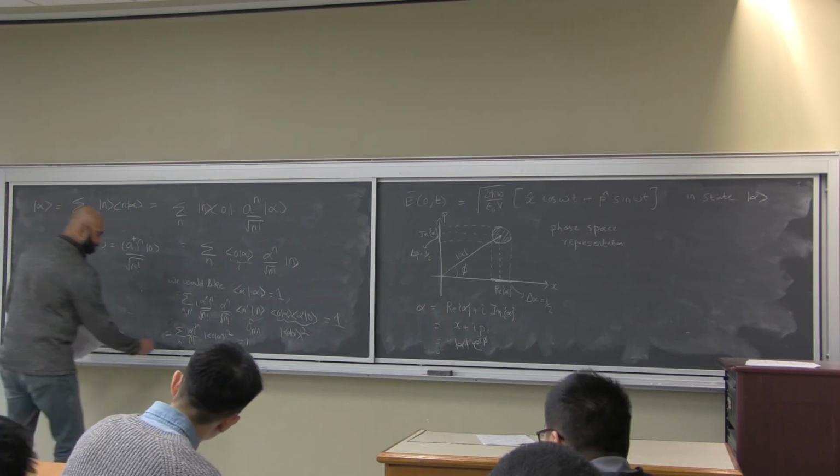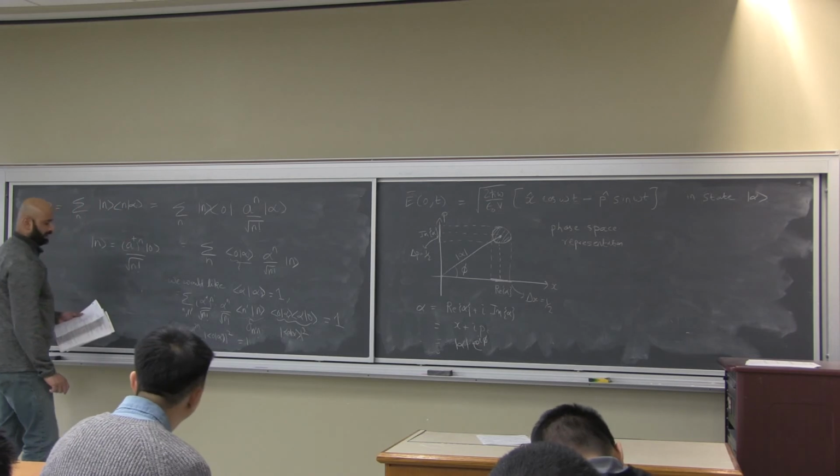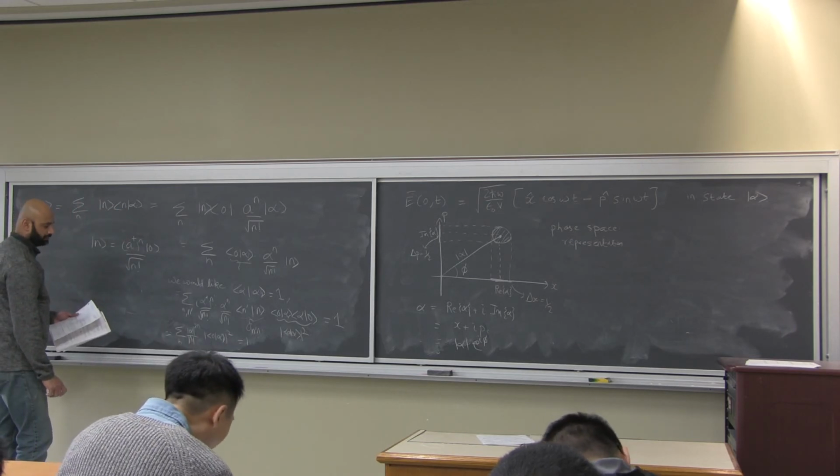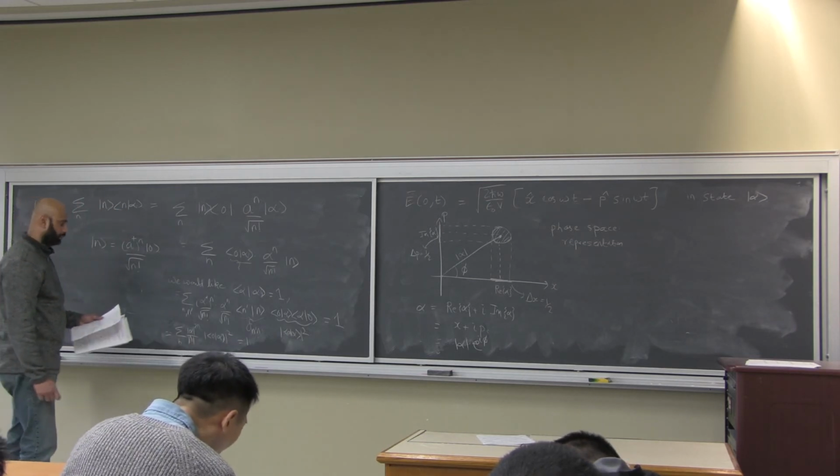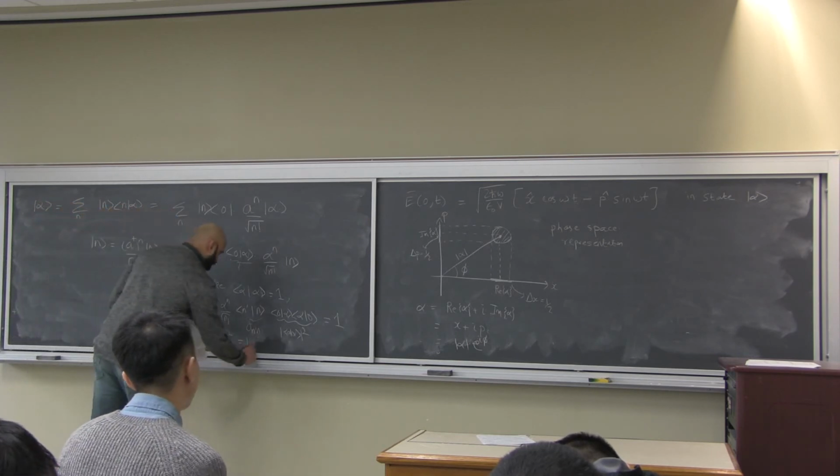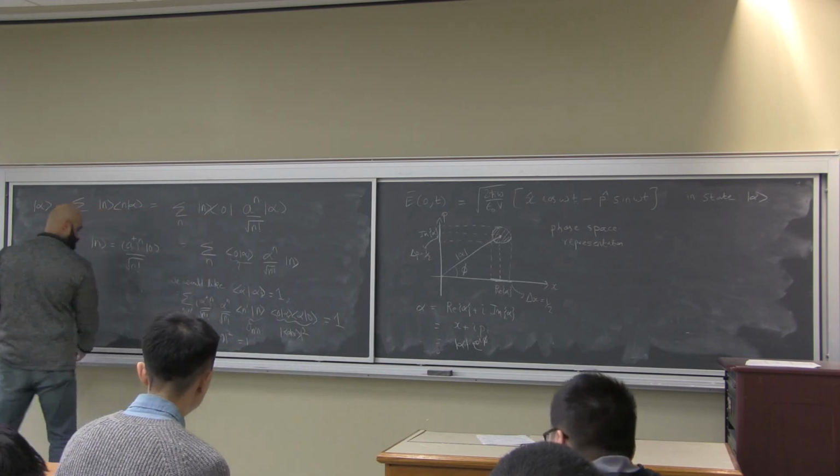And this summation of n, alpha to the 2n divided by n factorial, is simply the exponential of alpha squared. Sorry, I ran out of space, so let me move on.